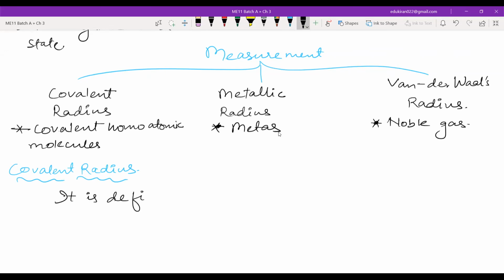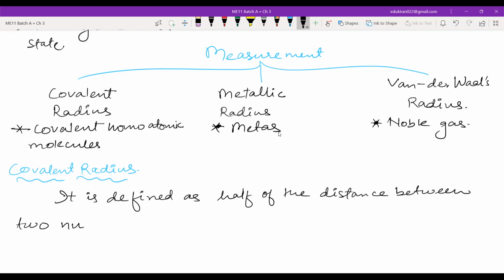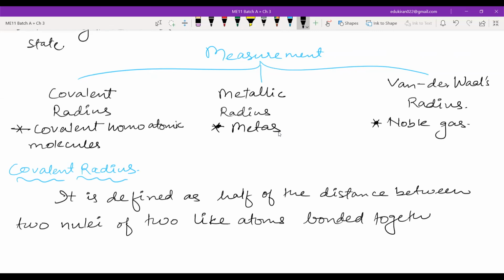It is defined as half of the distance between two nuclei, plural of nucleus, of two like atoms bonded together by covalent bond.